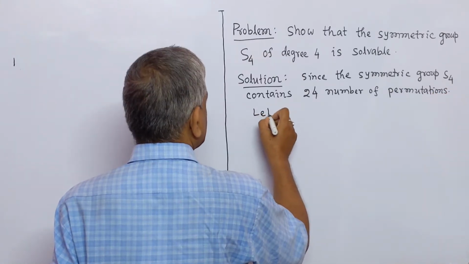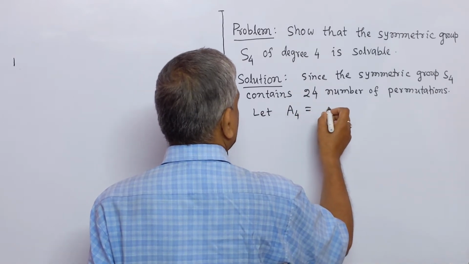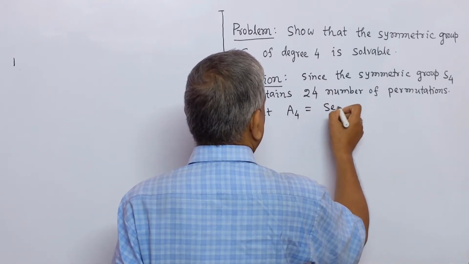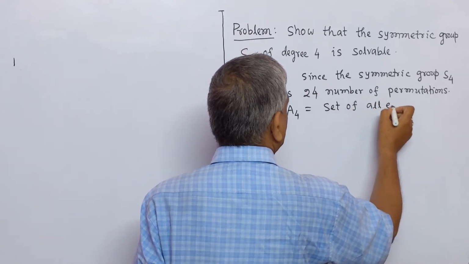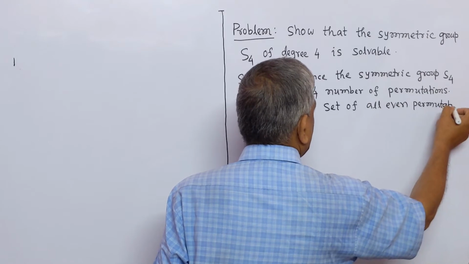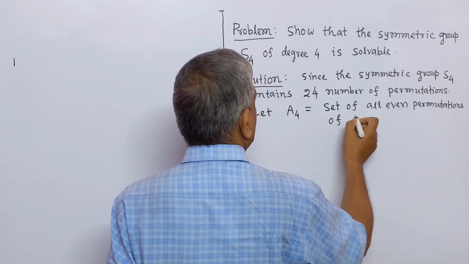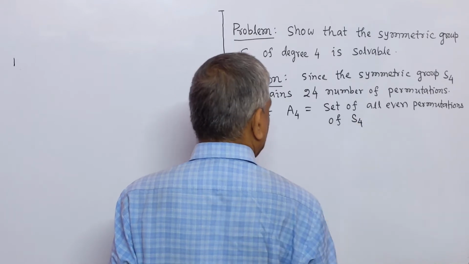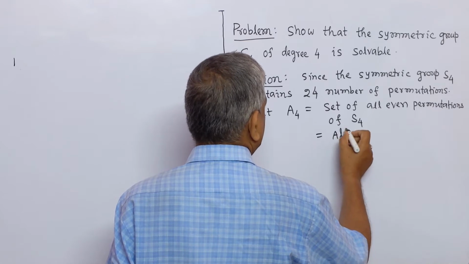Let A4 equal the set of all even permutations of the symmetric group S4. This is called the alternating group.